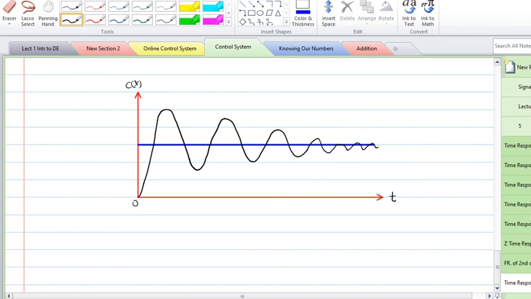Okay. So in this way, this nature occurs due to the time constant.